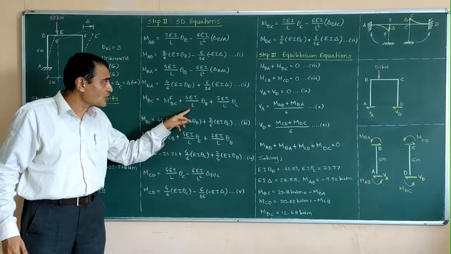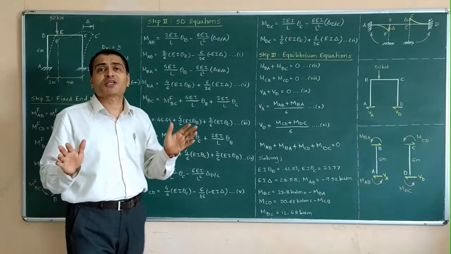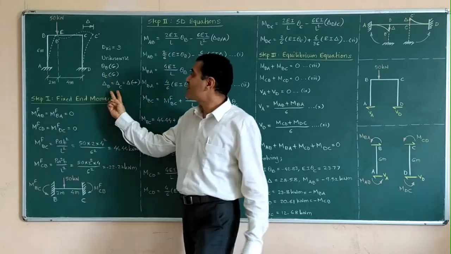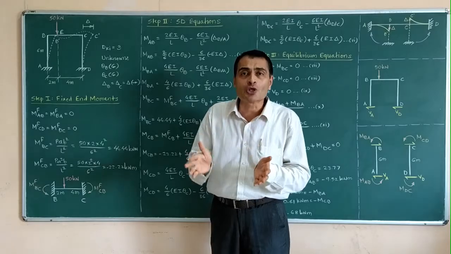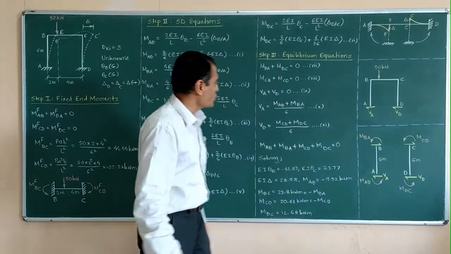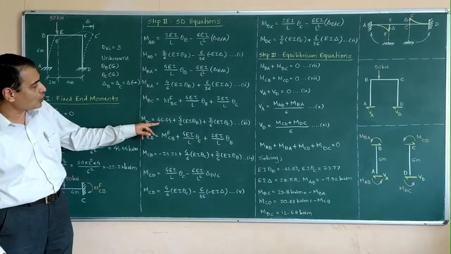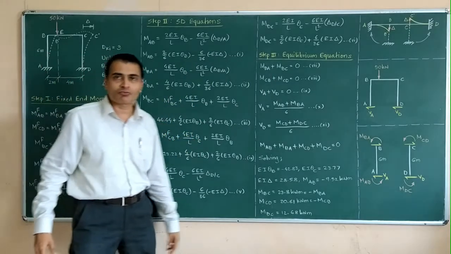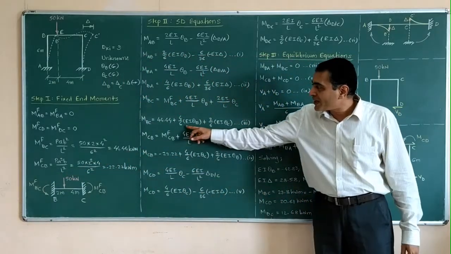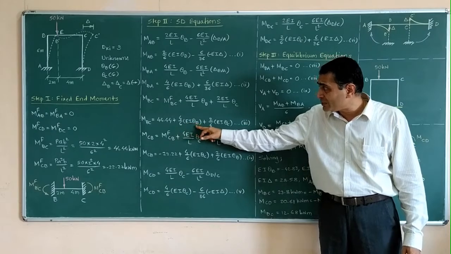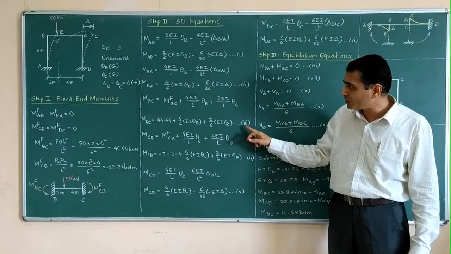There is near end rotation contribution, far end rotation contribution, and no relative displacement because delta B is equal to delta C, so delta is relatively 0. So I have only these three terms, and when I substitute, I am getting 44.44, which I am choosing from here, which we have calculated already. 4 by span EI theta B, 2 by span EI theta C. That is equation number 3.